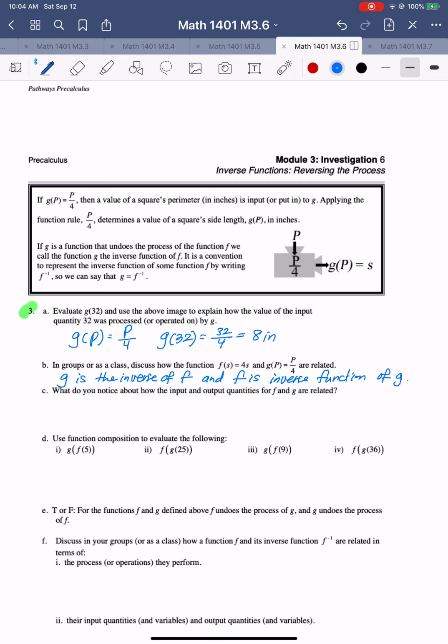And then C, what do you notice about how the input and output quantities for f and g are related?